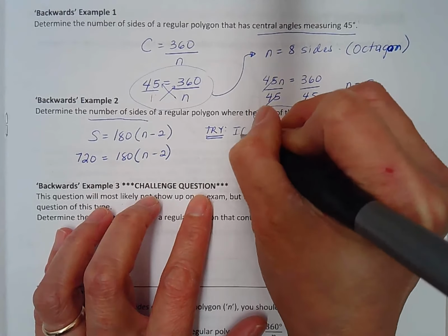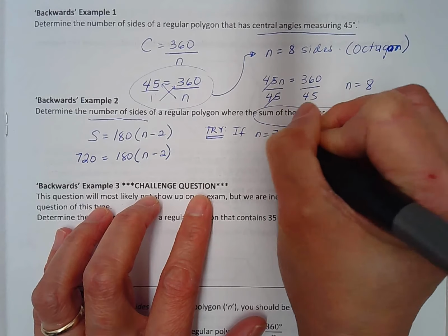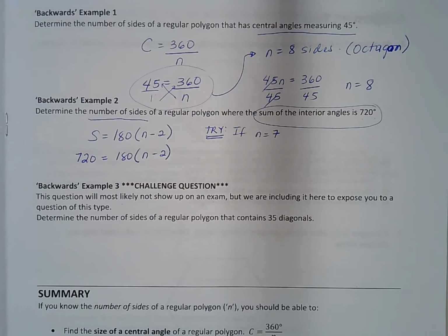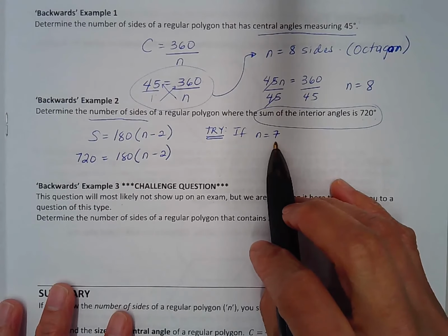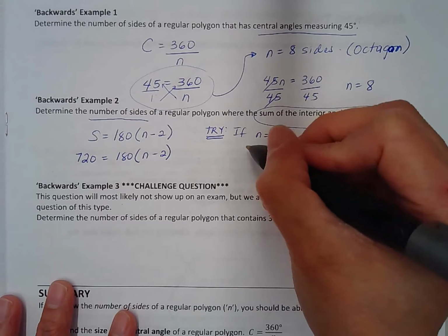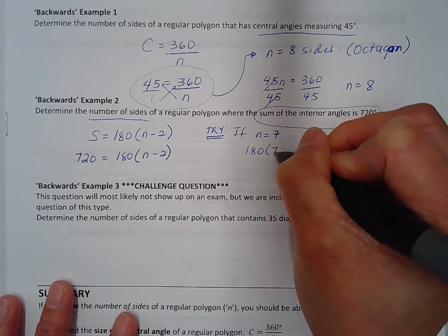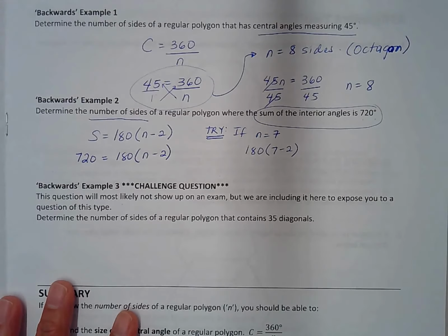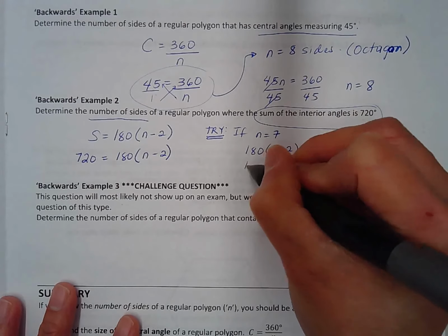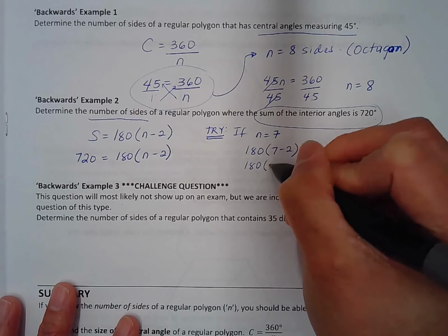Now, if n equals 7, I want to show you that trial and error is good. If n is 7, what would it be? 180 times 7 minus 2, that's going to give us 180 times 5.